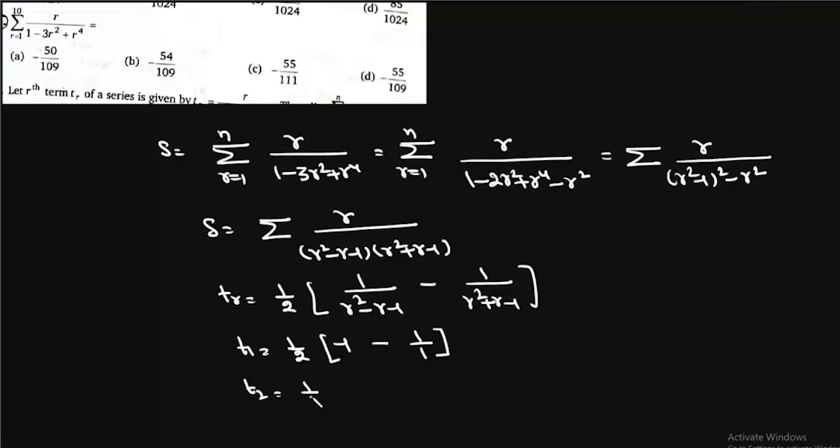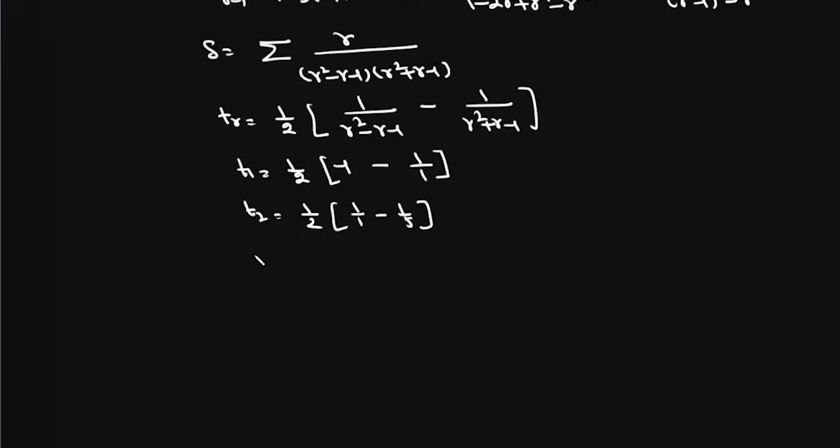The second term is 1 by 2. Now this is 4 minus 3, 1. And if we put r as 2, there will be 4 plus 2, 6 minus 1, so it will be 1 by 5. For r equals 3, it will be 1 by 2, and then it will be 9 minus 3, and 9 minus 4 is 5, so 1 by 5 minus, and here it will be 9 plus 3, 12 minus 1, 11.